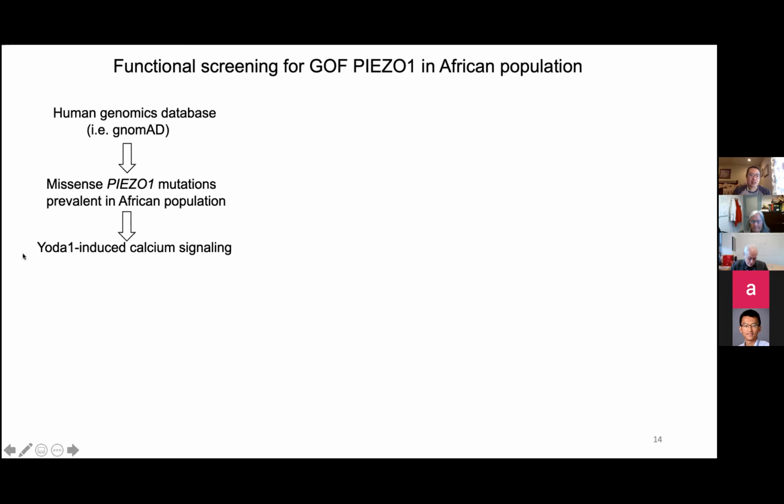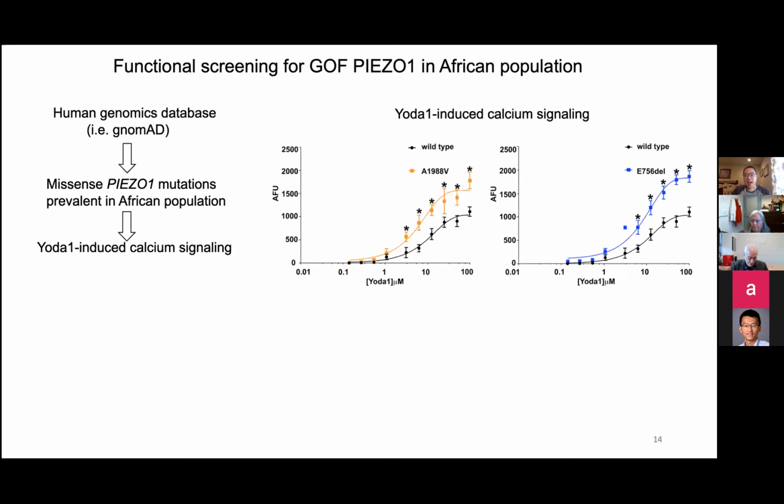Yoda1 is a small molecule that can specifically activate PIEZO1 and cause the influx of calcium into the cell. By using this setup, I identified two PIEZO1 mutations. When overexpressed in HEK cells, they give rise to larger calcium signaling in response to Yoda1 activation, suggesting that these two mutations might be gain of function PIEZO1 mutations.